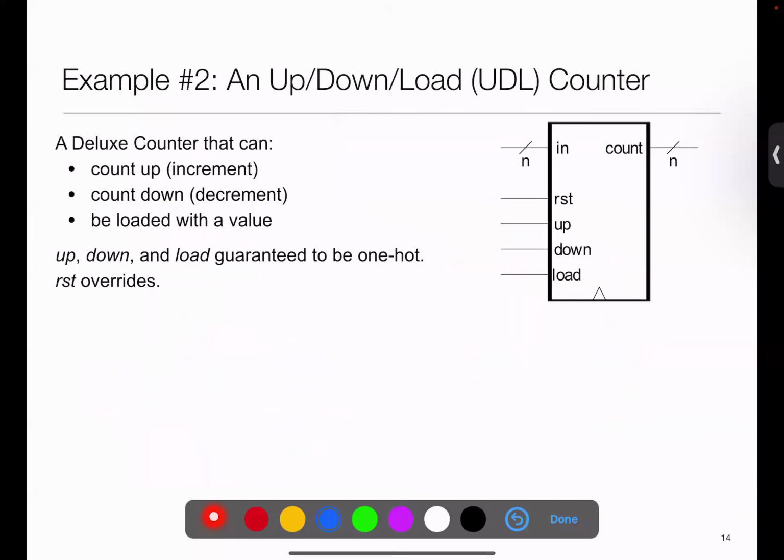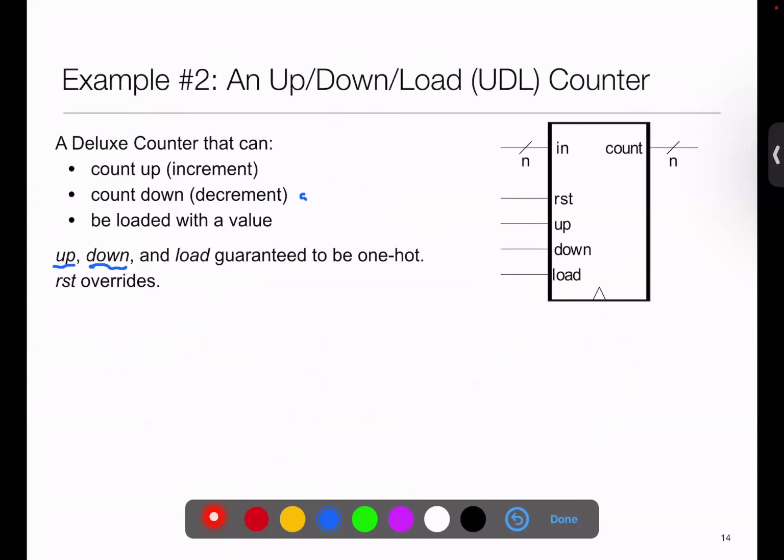So let's look at another example. Let's say now I want to make a fancier counter. This is a counter which has up, down, load capability. So it's a deluxe counter which can count up under control of a signal. So I have a signal called up. If up is high, the counter will count up every clock tick. Count down, decrement, if down is high.